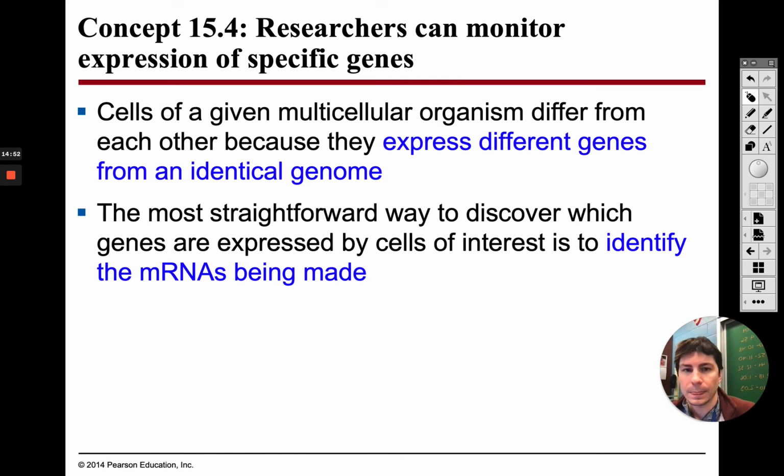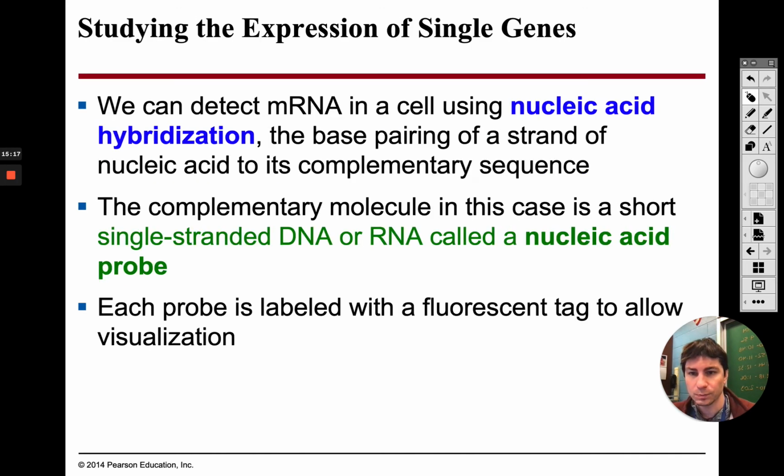So our next section is going to be, again, on gene expression, but we're going to talk about specific genes in this one rather than going over the whole picture. To discover which genes are expressed by cells, we're going to identify which mRNAs are being made into proteins and which ones are not being expressed at all.